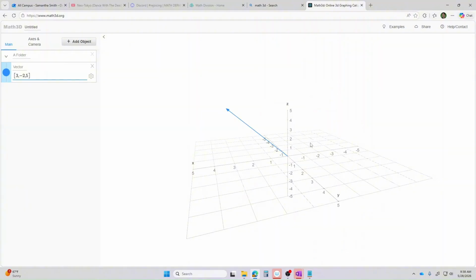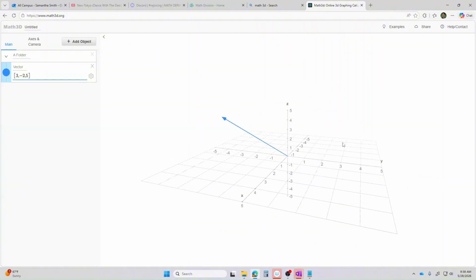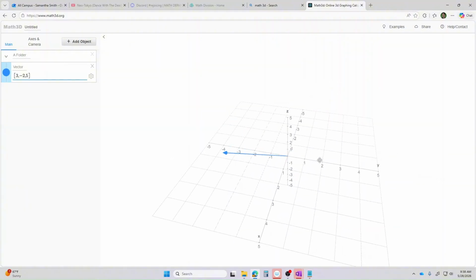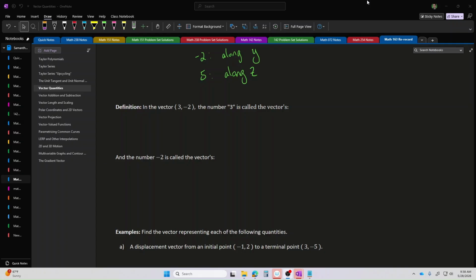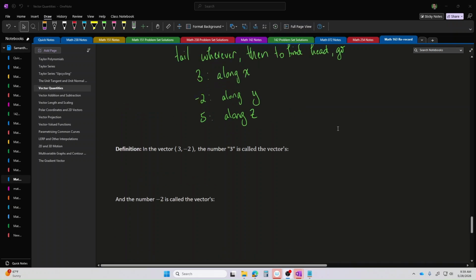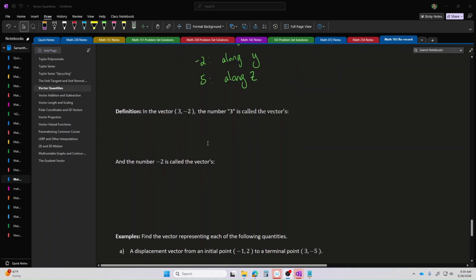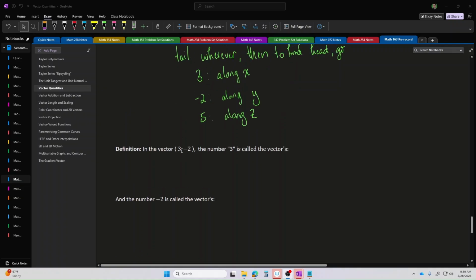So that is how three-dimensional vectors are drawn, but it can be quite difficult to draw them accurately just by hand. Now, a bit of terminology. If you're talking about a vector, there are special names for these numbers in the angle brackets. For example, this number 3 in the lead that tells you how far to move in the x direction is referred to as the vector's x component.